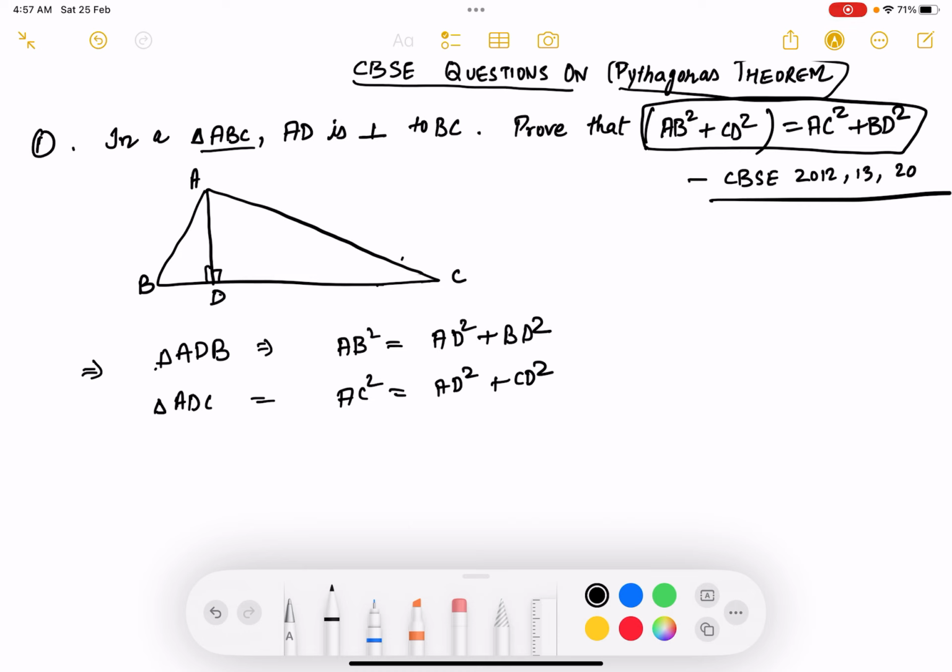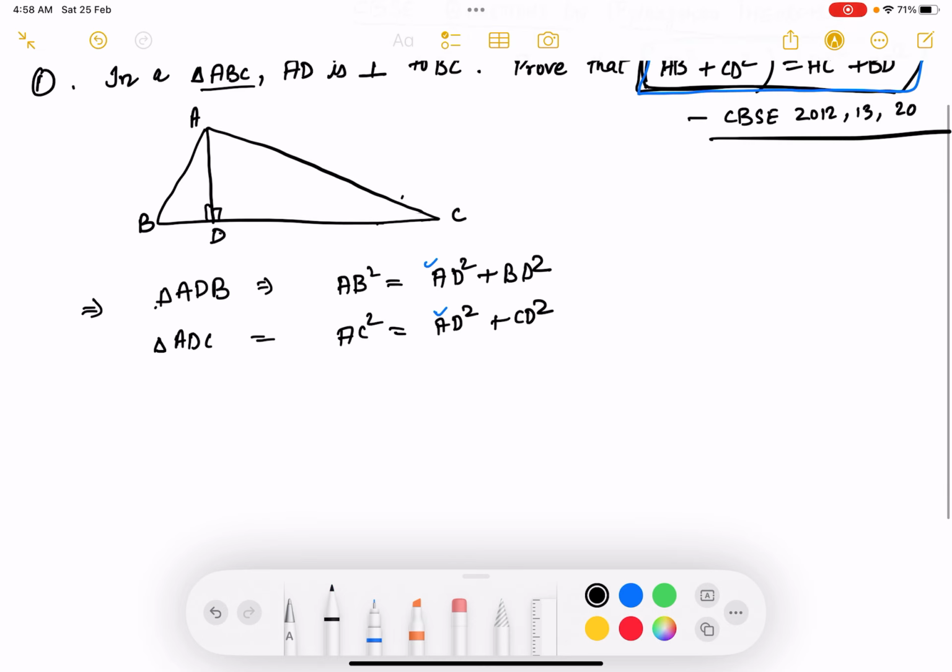If you look at the final result, we don't have AD in it. So let's eliminate the AD term. Let these be equations 1 and 2.